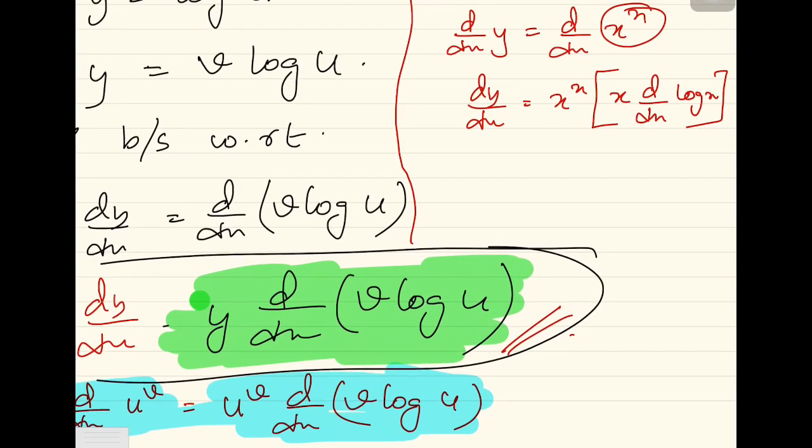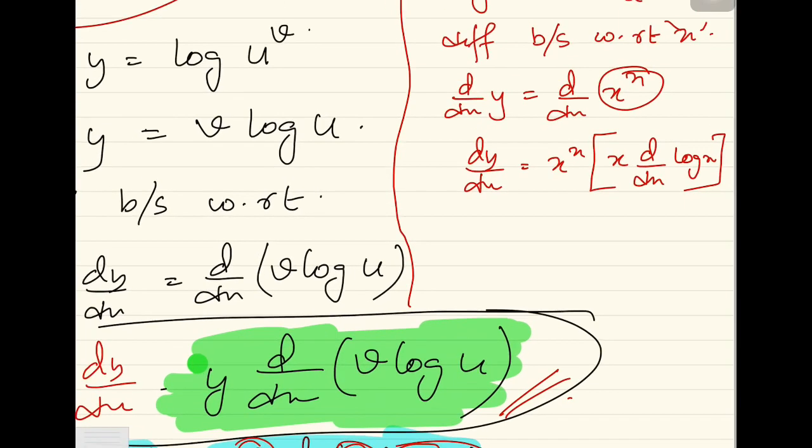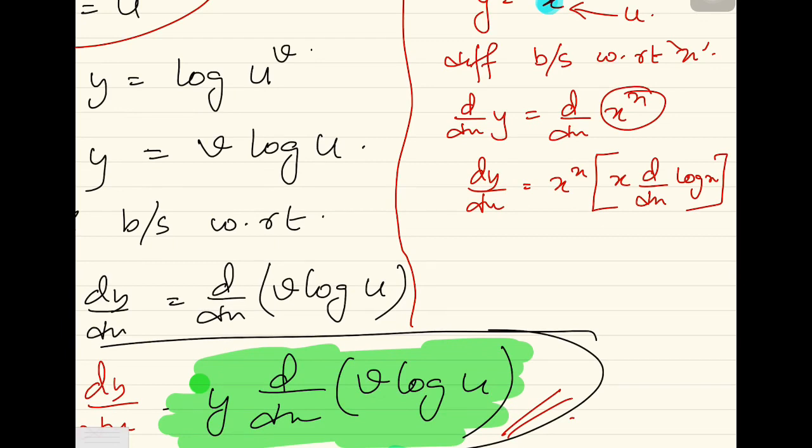See this, isn't it, everyone? u to the power of v times d dx of v log u. So I have done the same. Sorry, my mistake, I have to write here d dx of v log u. That would be correct, sorry. So make corrections.